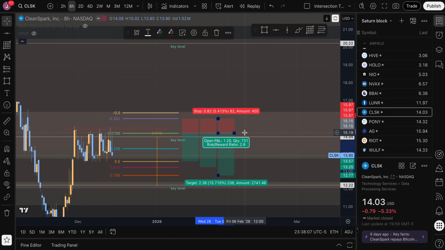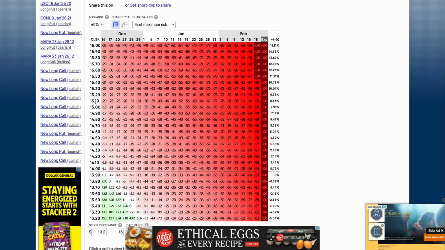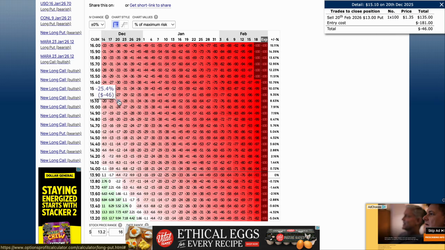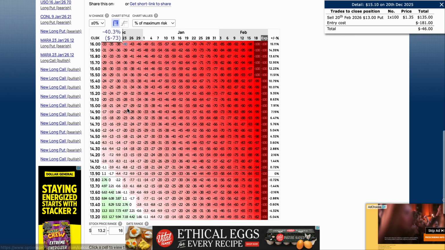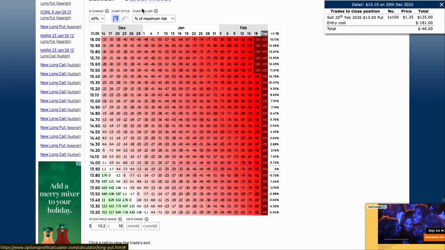So if we're going to try to get an entry at 15.15, 15.10, I like to move 3 in. 1, 2, 3. So that's minus $46. So instead of paying 180, we'll pay 135 at 15.10.